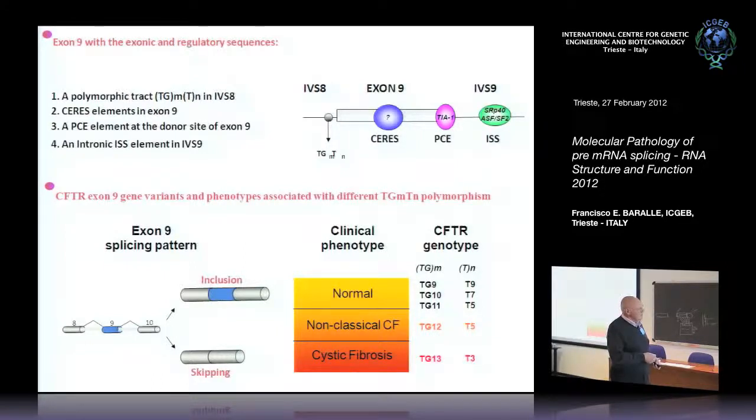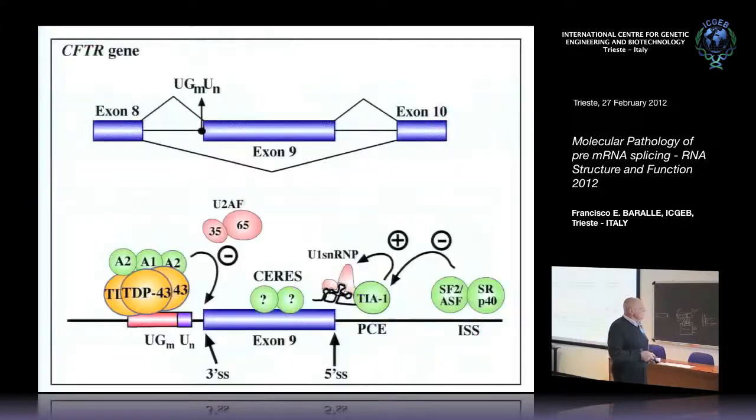And other variations instead give you a normal one. The reason for all this was that there is a protein called TDP43 that was bound to the UG sequence and, interacting with other hnRNPs, A1 and A2, inhibits the 3' splice site recognition.